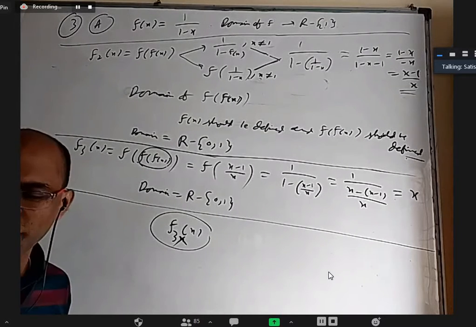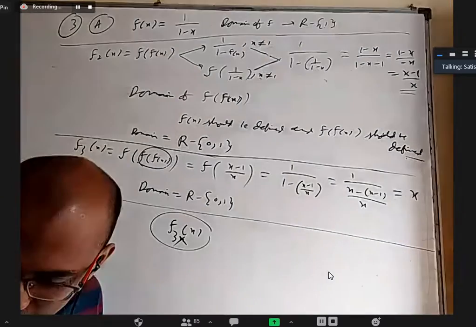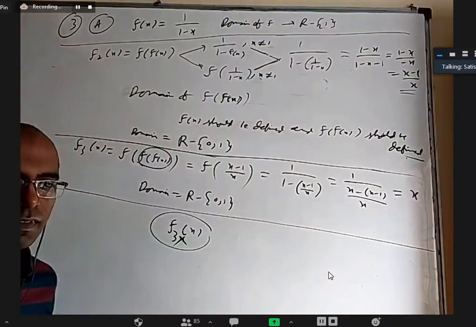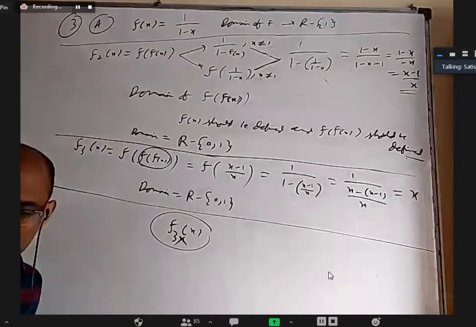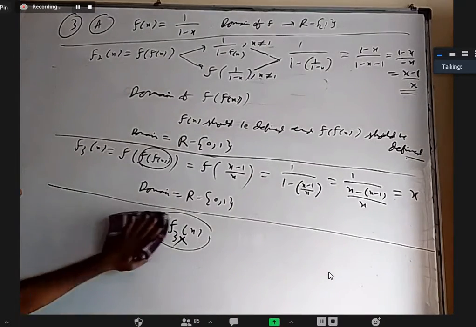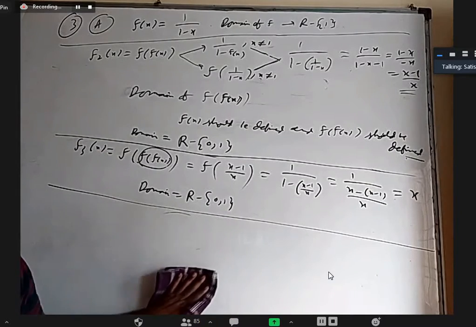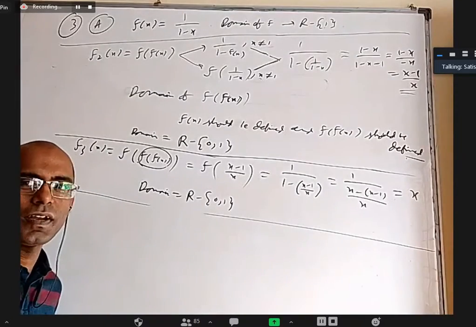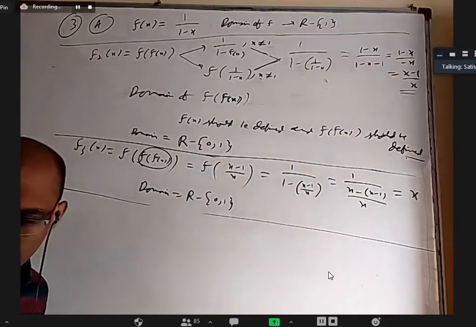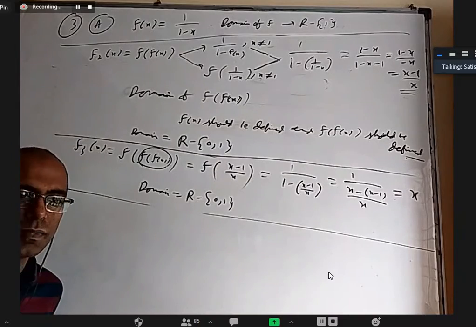It's not the number of distinct real values of n, it is real values of x for which f3 of x is not defined. This n should be removed. The question should be the number of distinct values of x for which f3 of x is not defined. If they asked f6 or f9 or f12, the answer is also the same, but they should mention n is a natural number there. They did not mention.